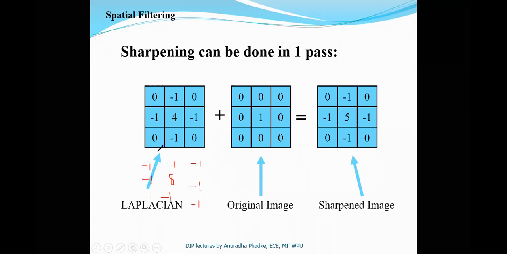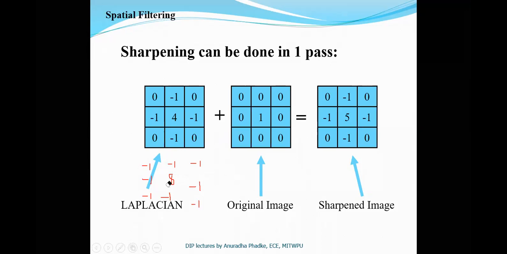Now, if we are using this Laplacian mask to detect the edges, and if we want to preserve the background, we can derive another mask by adding this mask with 1 surrounded by zeros, and this will give us a mask where this central value is changed to 9. 8 plus 1 gives us 9.